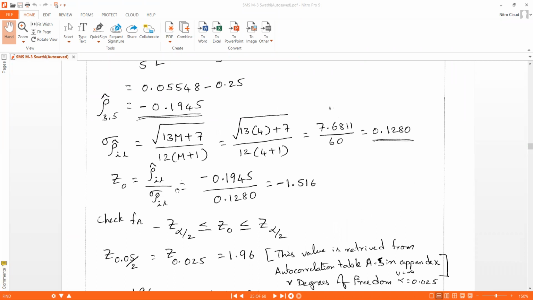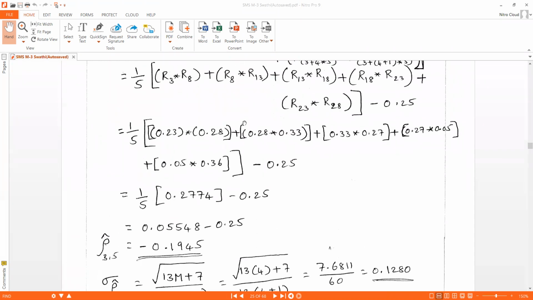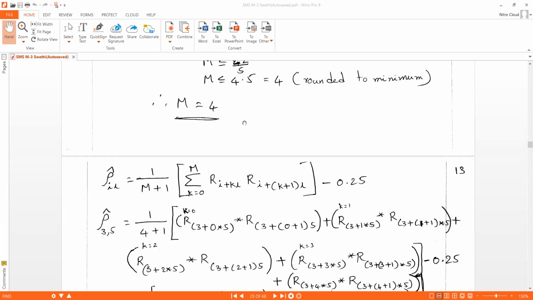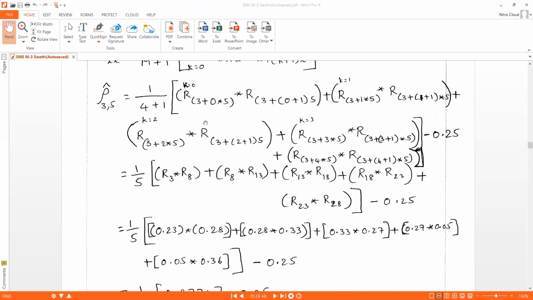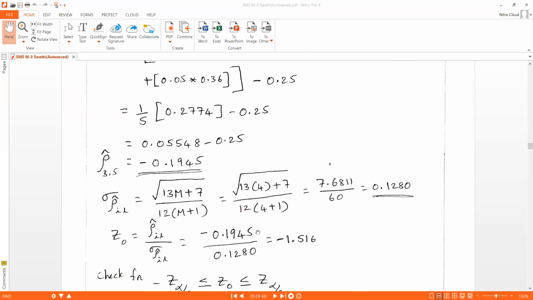Okay, that will be calculated with the formula square root of 13 into m plus 7 divided by 12 into m plus 1. Okay, square root of 13 into m value, how much we have computed? M value we got it as 4. Okay, so we'll substitute in place of m 4.